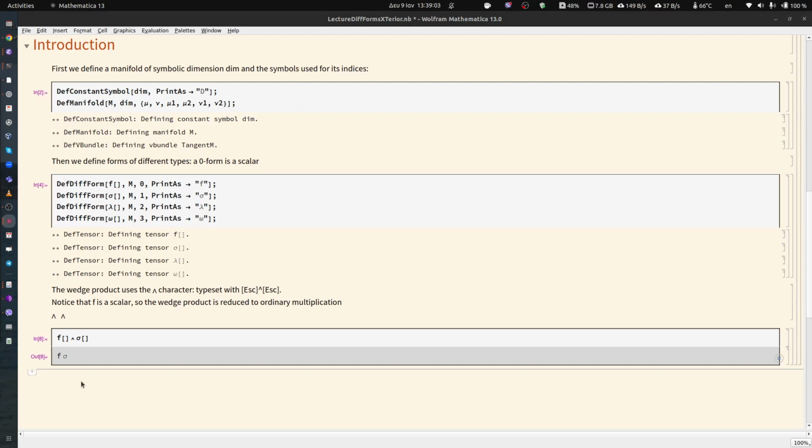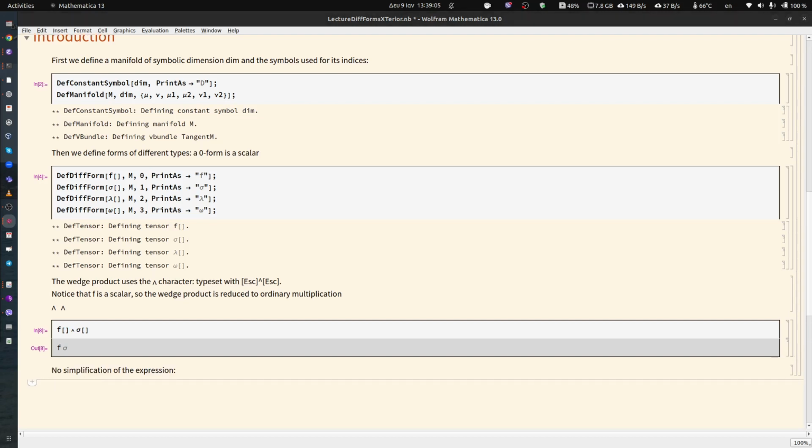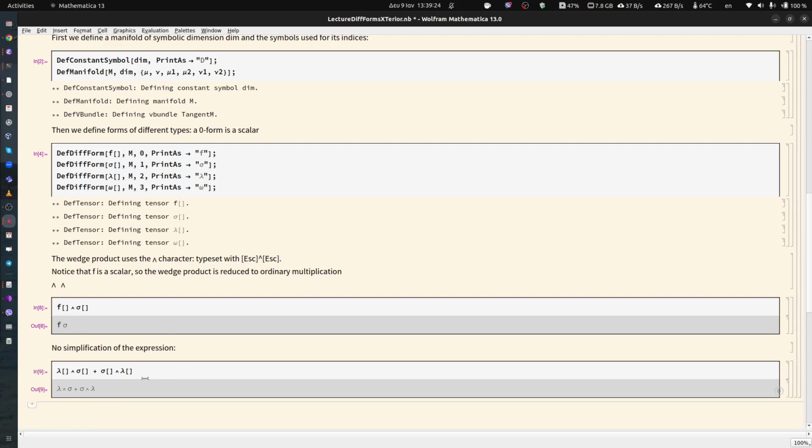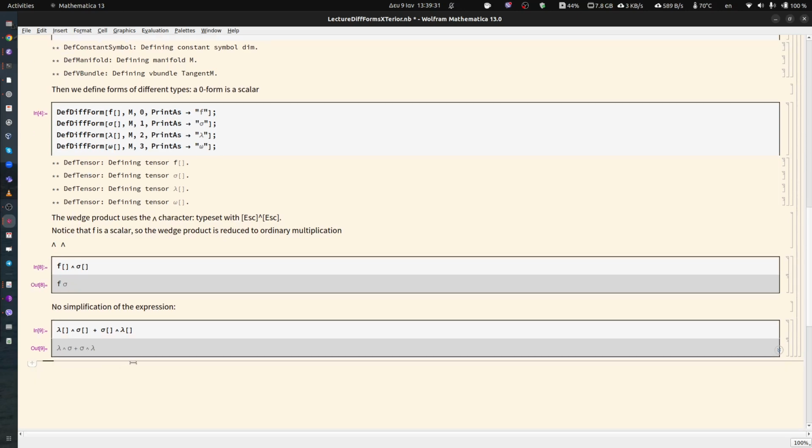But this is not true in more complicated expressions. So if you want to apply the wedge product on two forms whose type is higher than 1, so lambda here has been defined to be a 2-form, sigma has been defined to be a 1-form, then you see the result is lambda wedge sigma plus sigma wedge lambda, but the graded anti-commutative property of the wedge product is not used to simplify the expression.